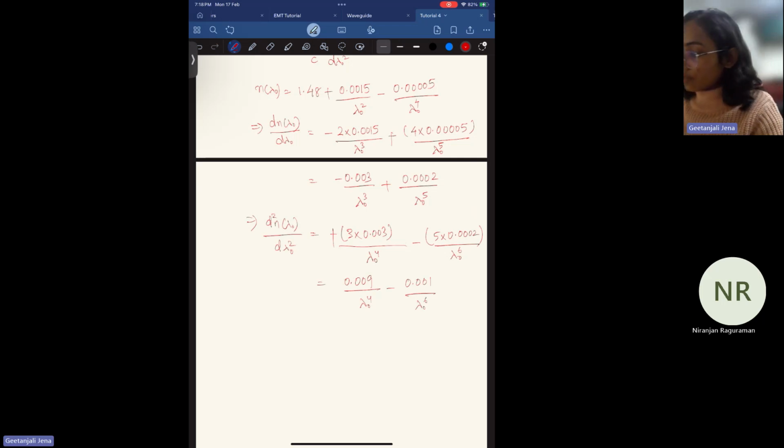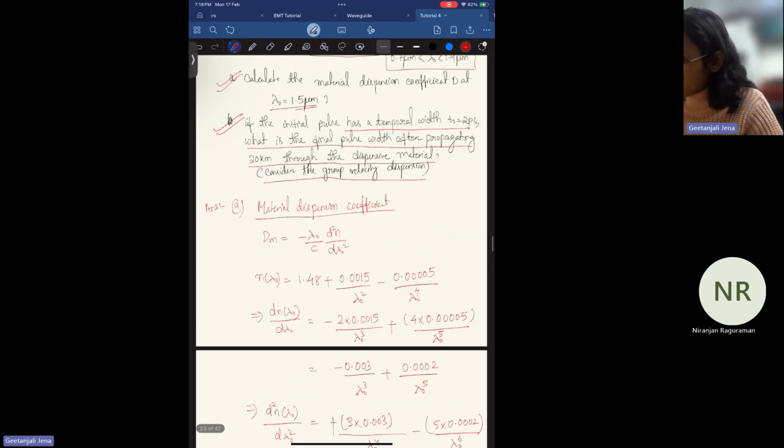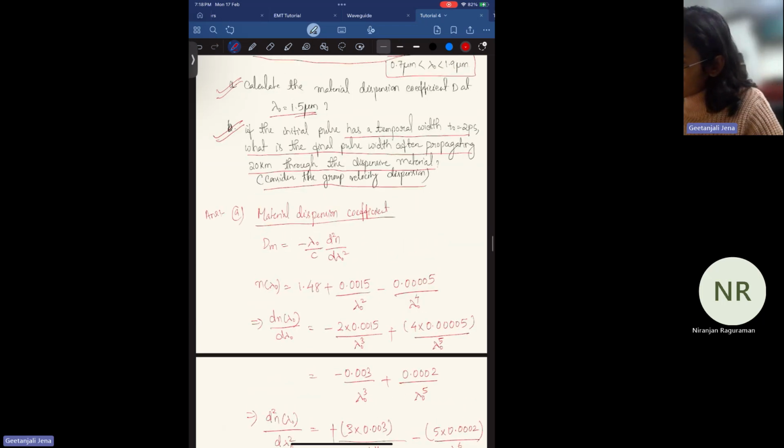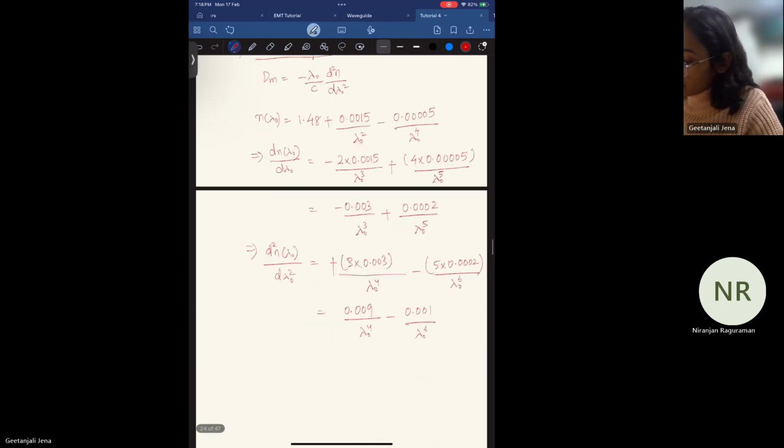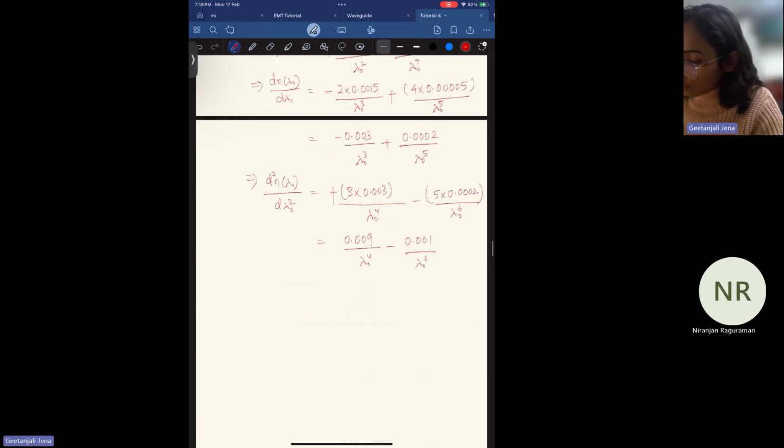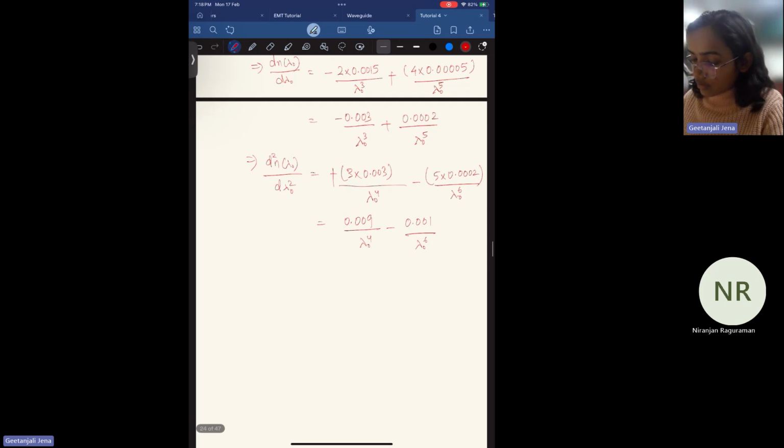What is lambda 0? It is given, it is 1.5 micrometer. So we need to calculate d square n over d lambda 0 square at lambda 0 of 1.5 micrometer.